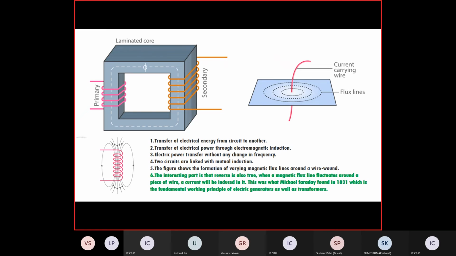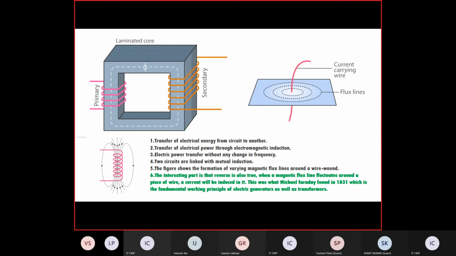And when you apply a supply to one of the windings, say the primary, a current flows. When current flows, you can use the right hand rule to determine the direction of the flux which will be set up around the winding.